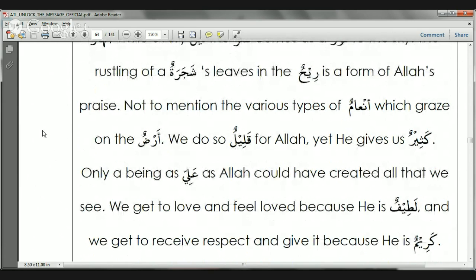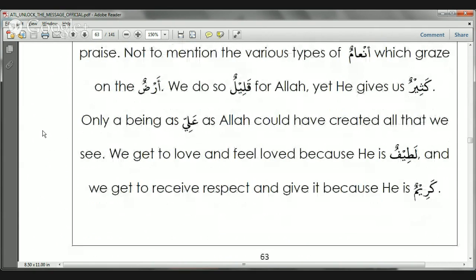Only a being as aliyun, as exalted as Allah, could have created all that we see. We get to love and feel loved because He is latifun, gentle. He is gentle.